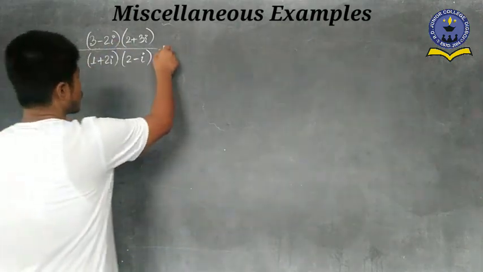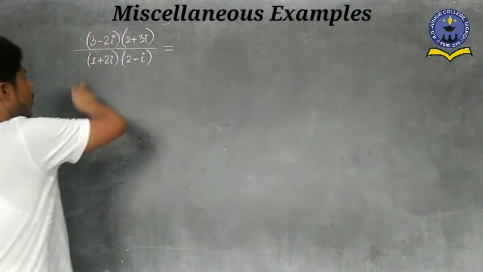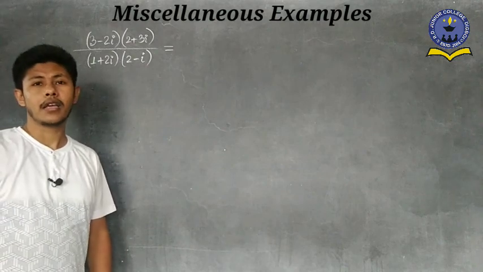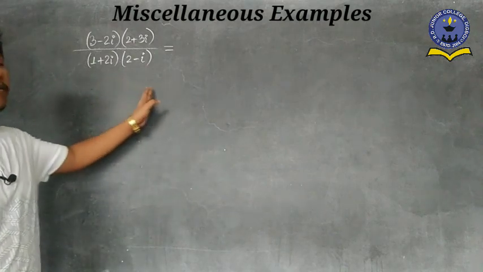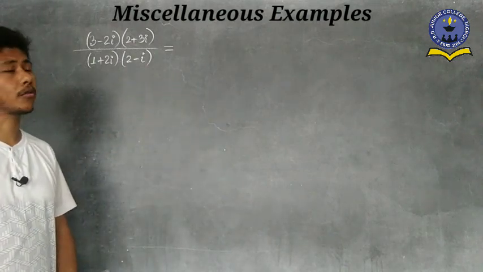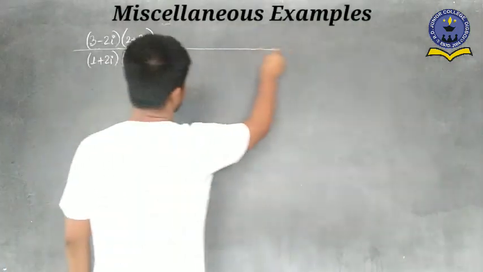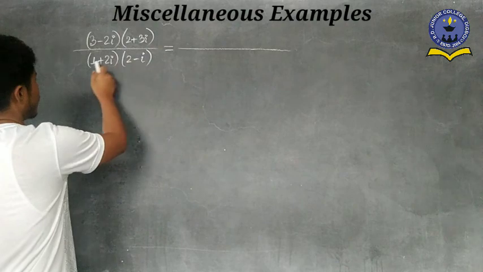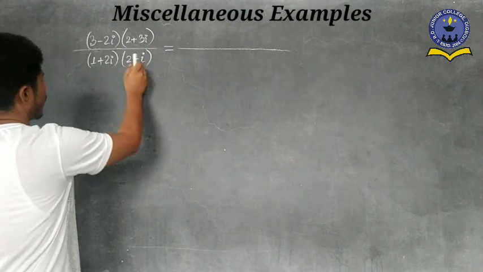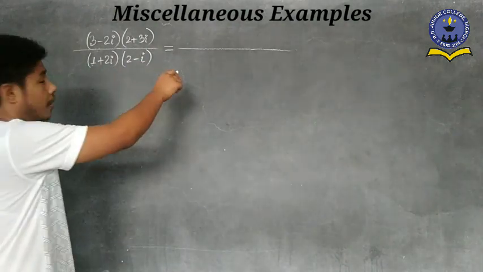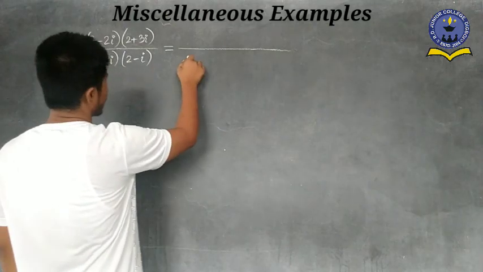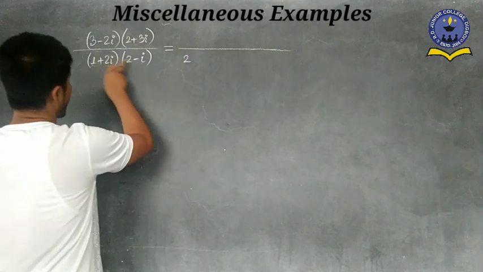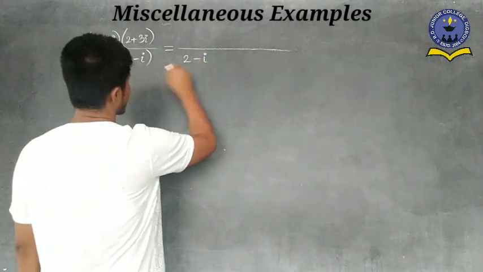So first of all, we have to convert this into a plus ib form. If we convert it into a plus ib form, only then can we write down the conjugate. So in this case, let's see first. First, multiply the denominator part: 1 into 2 gives 2, and 1 into minus i gives minus i.